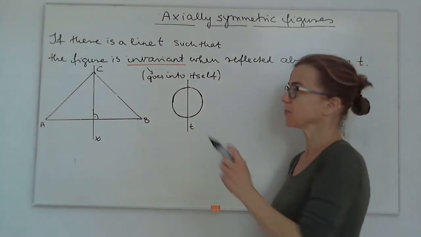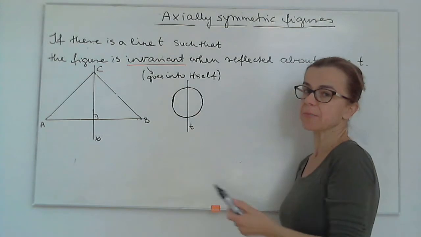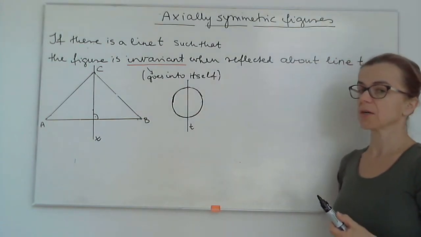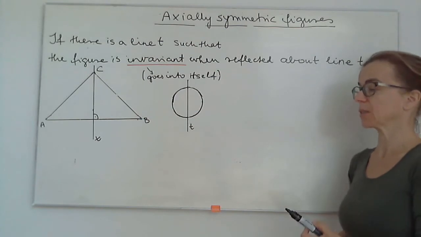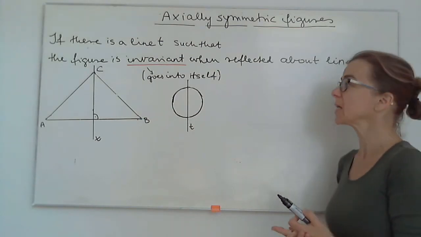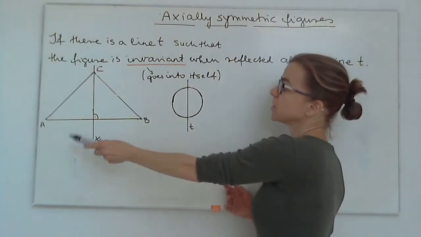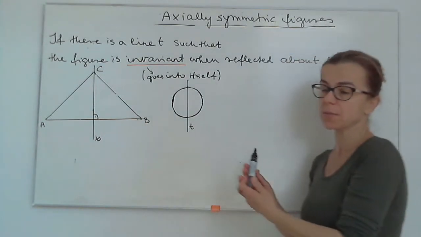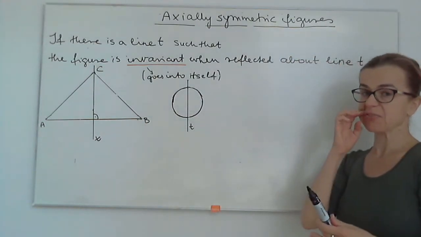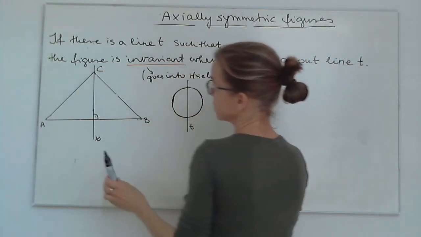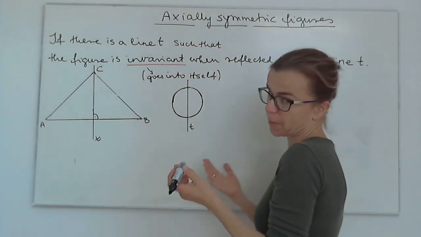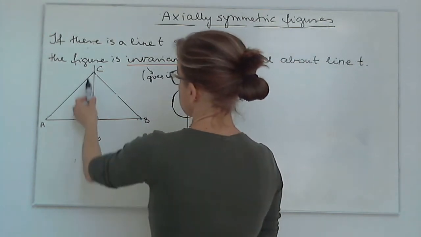Remember, last class we talked about what it means that something is invariant when reflected, or when any kind of geometric transformation takes place. It means that although points move when you find their image point, the figure itself does not change. So let's see this isosceles triangle, which, as we know from our previous studies, is axially symmetric.